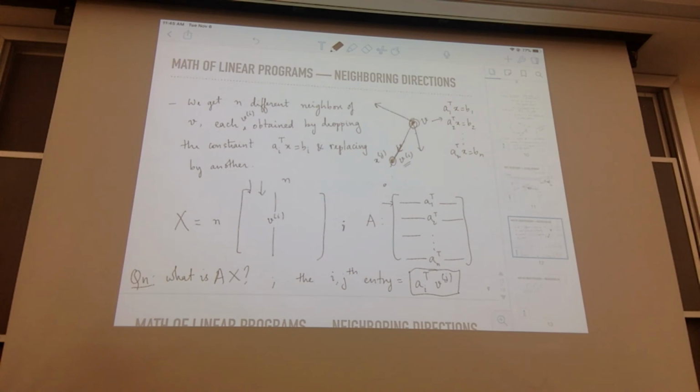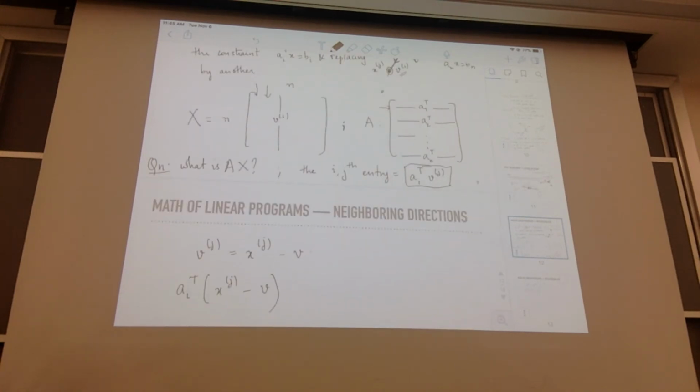So Ai transpose v is exactly bi, because v satisfies all these equations. So this is something minus bi. And what is Ai transpose xj if i was not equal to j? Would it be bi or something else? That's the question.